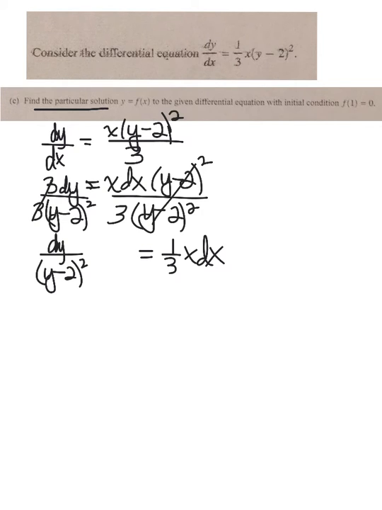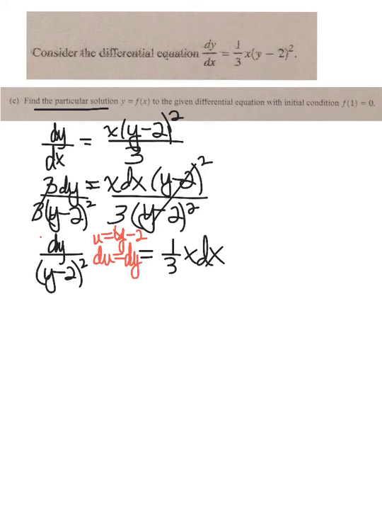Okay, now I hope you see something over here, because I have a quantity and it's squared, right? That means I'm going to have to do u substitution. So my u is going to be y minus 2, and then my du is going to be just 1 dy. So I don't need anything.